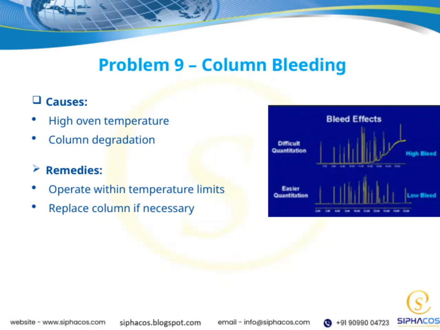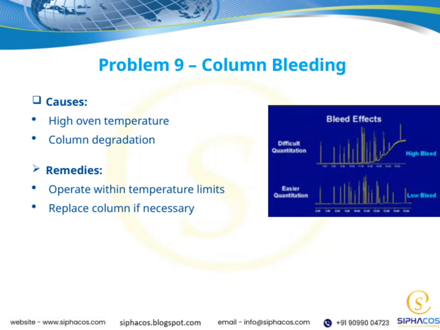Let's talk about problem 9, which is column bleeding. This issue can often be traced back to a couple of main causes. One common cause is operating the oven at too high a temperature, which can put stress on the column. Another cause is the natural degradation of the column over time, which can lead to bleeding. So, what can we do to address this? The key is to operate within the recommended temperature limits to prevent overheating.